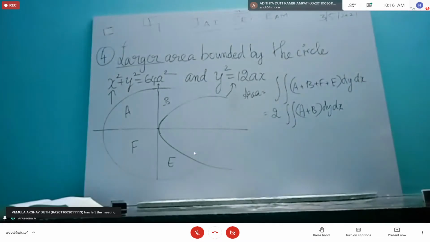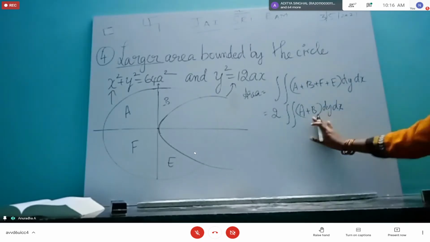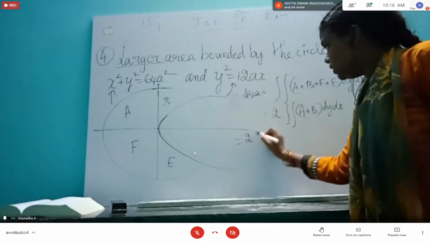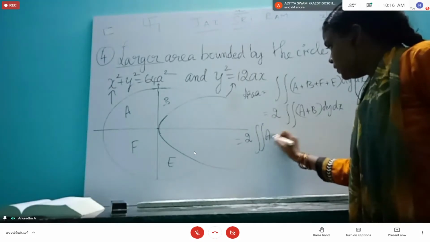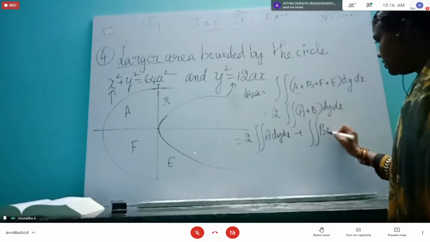Why I am not writing A and B together is, I will say you now while writing the limits. For A, the limits are going to be different. For B, the limits are going to be different. So only I am writing A, B separately. So this can be written as 2 times integration A dy dx plus double integration B dy dx.